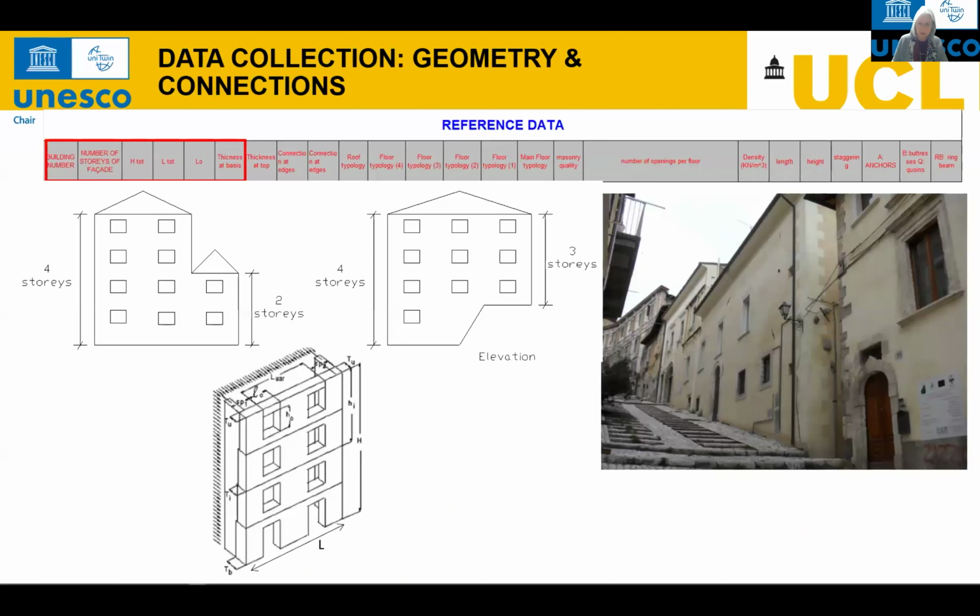The next bit is to understand, of course, the number of floors, the total height and the total length of the facade, and clearly there will be situations where the number of floors is variable, so we need to think of how we are going to simulate that and how we can simplify this, still making it meaningful.